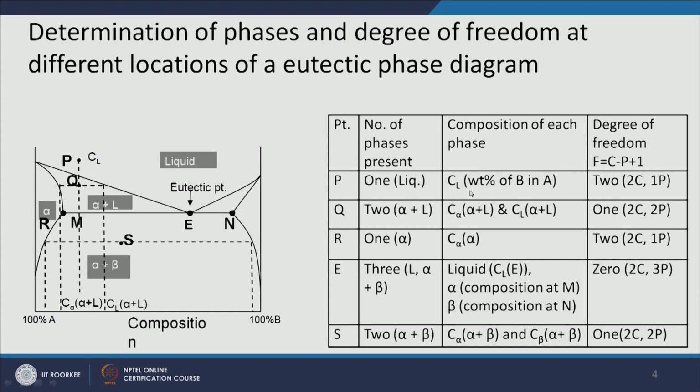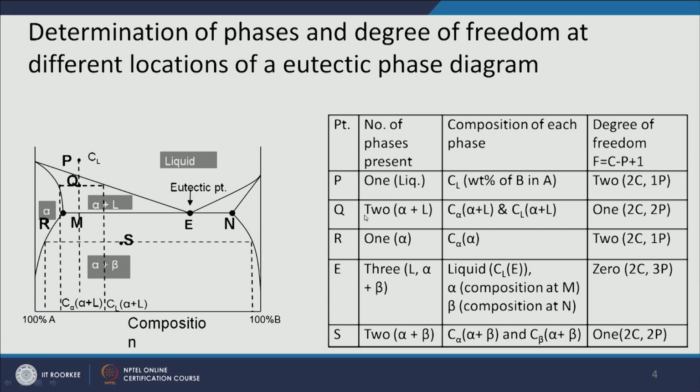The composition of that phase, Cl, will be the weight percent of B in A, which is the overall composition, okay. You can say Cl will be equal to C naught at this point, and the degree of freedom will be 2, okay, because you have two components, you have one phase. So, the degree of freedom will be 2. So, I can change the temperature as well as the composition in the liquid phase; I have 2 degrees of freedom, both can be changed, okay.